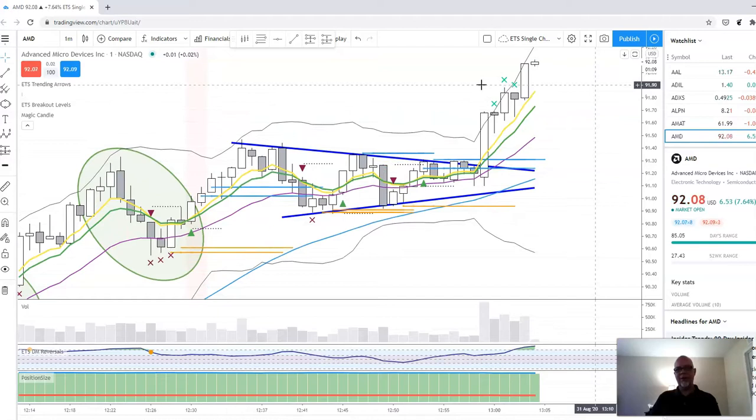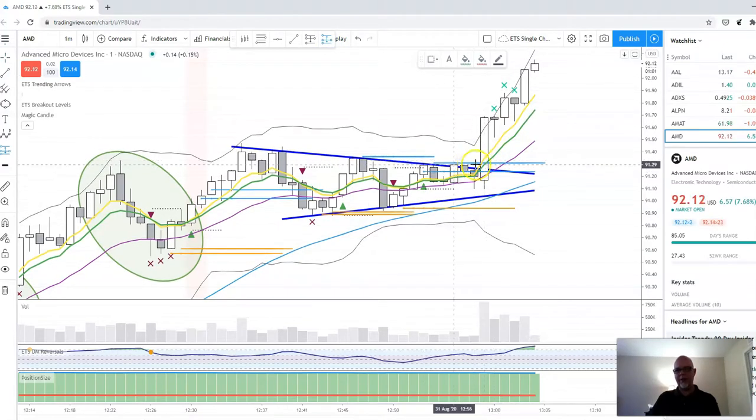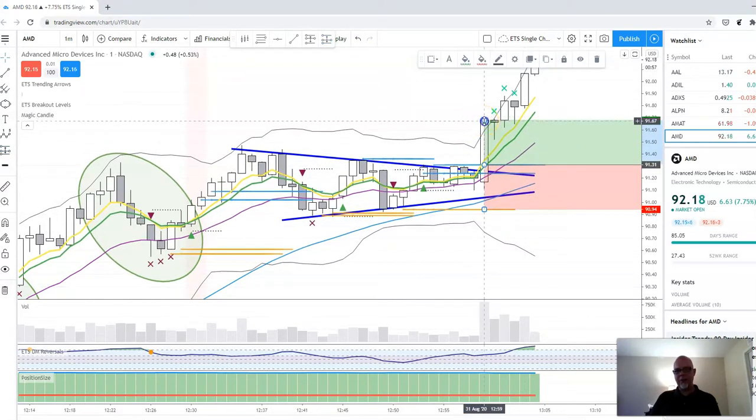It looks like this is quite a monster move. If we take a quick look here, if you took it right here, the breakout level, and we just draw our lines over here to where we are currently.